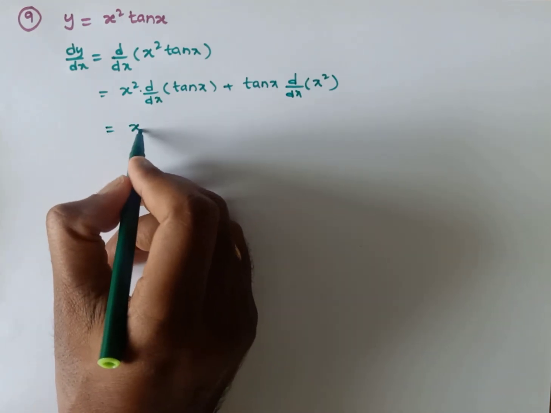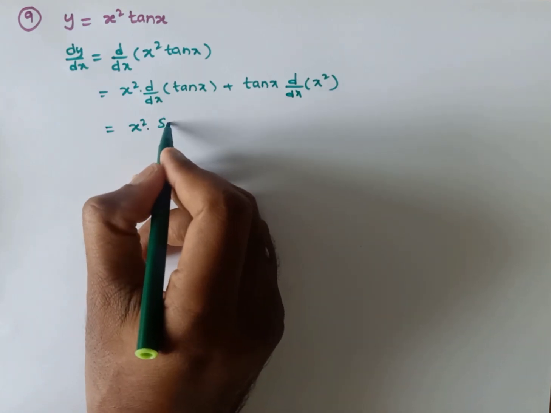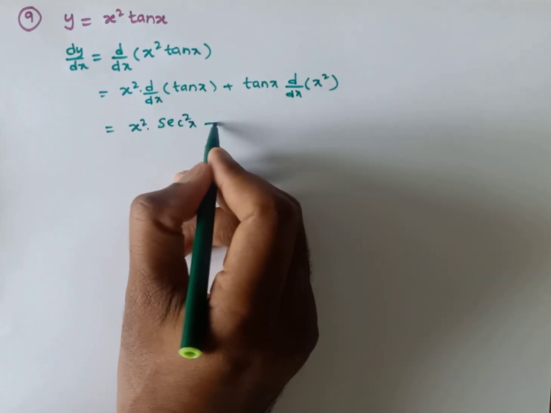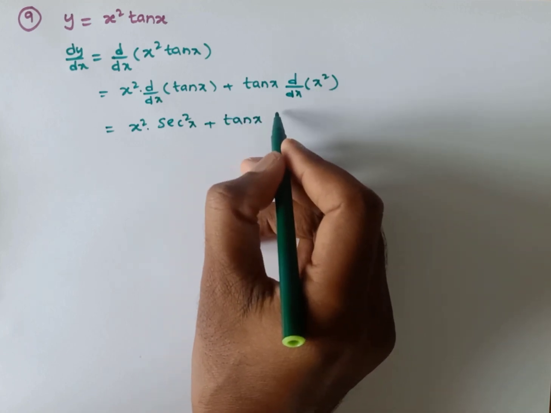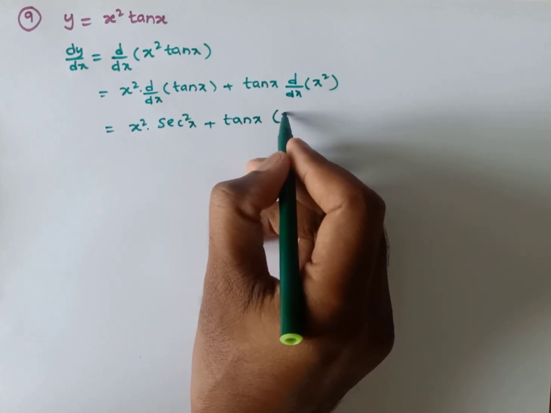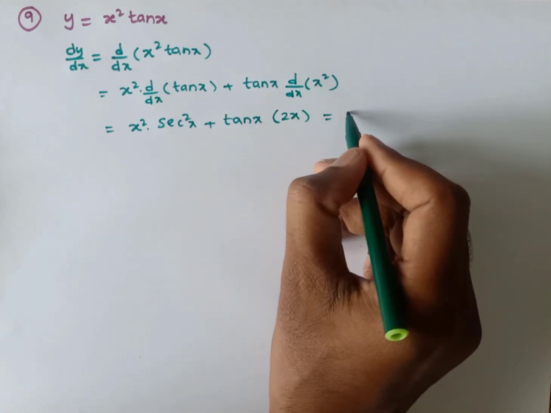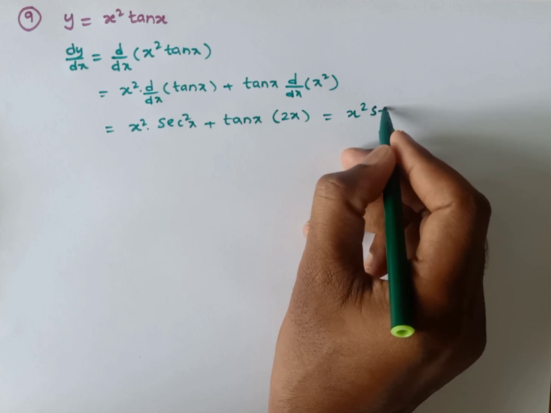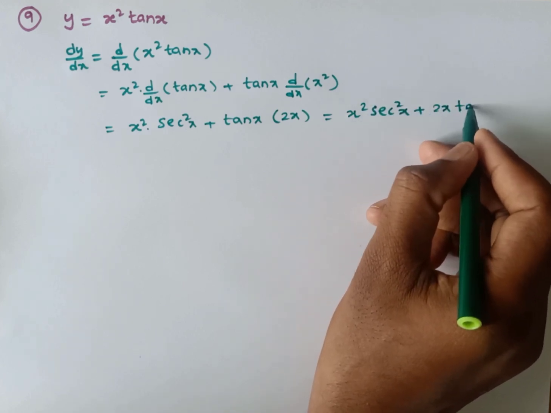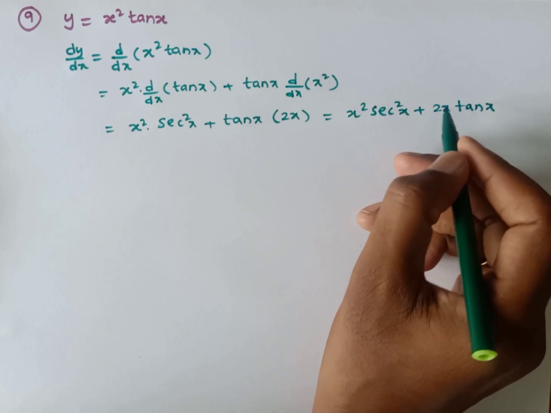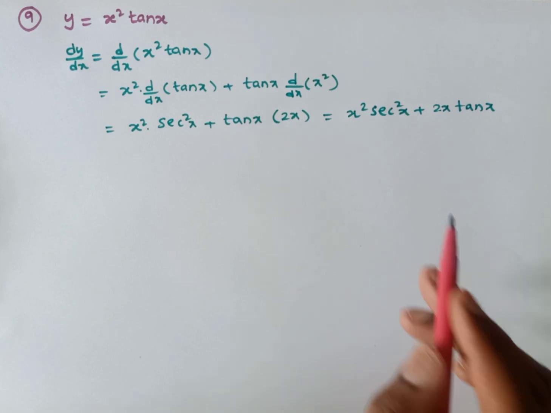Now this is x square into the derivative of tan x, that is secant square x, plus tan x into the derivative of x square, which is 2 into x power 2 minus 1, that is 2x. So this is x square into secant square x plus 2x into tan x. So the derivative of x square into tan x is this one.